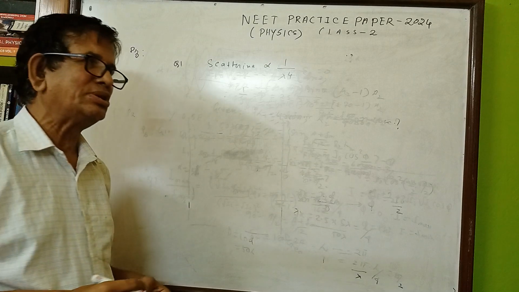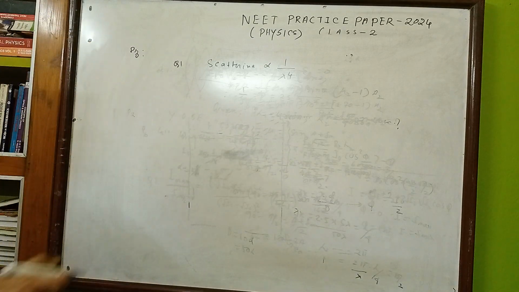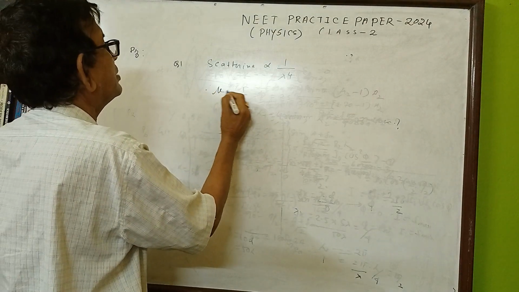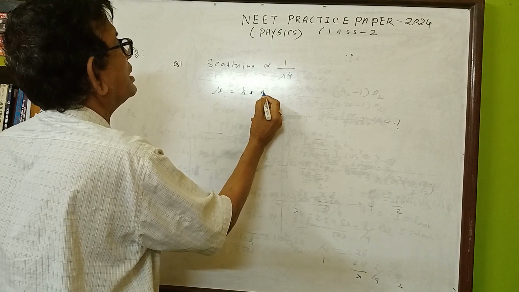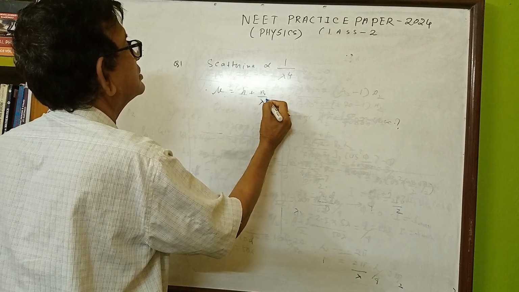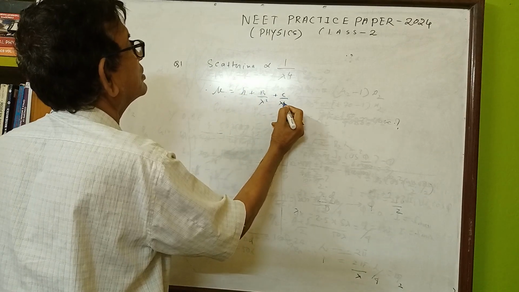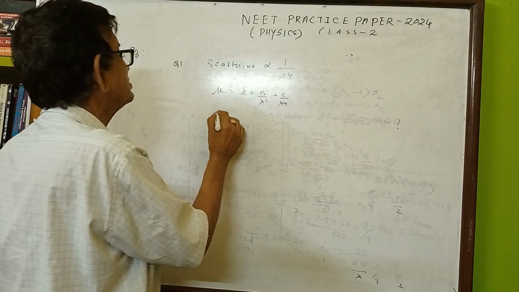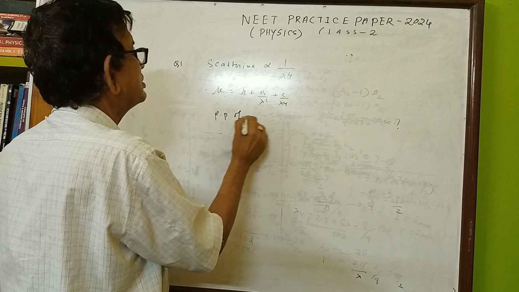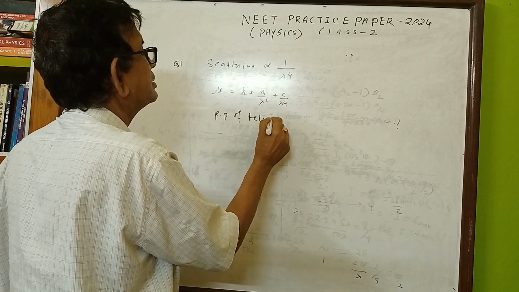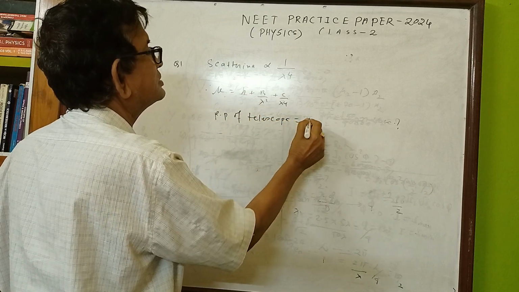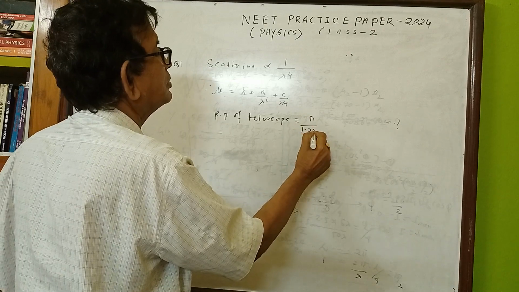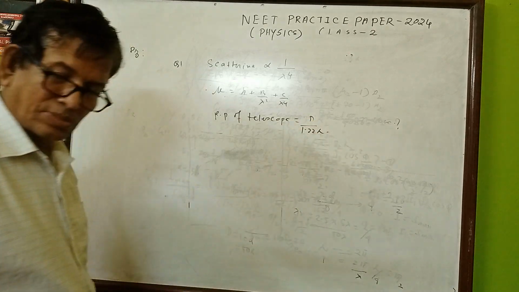As a result we see the sky is blue. Now another one, Cauchy theorem, 1 by A plus B by lambda square plus C by lambda 4. This is very important. Another is resolving power of a telescope. This formula you remember. Telescope, that is D by 1.22 lambda.